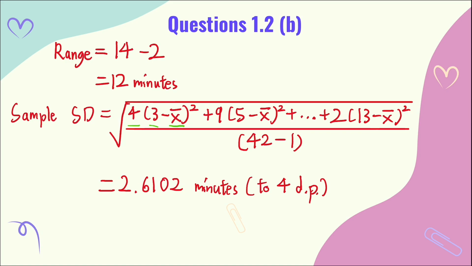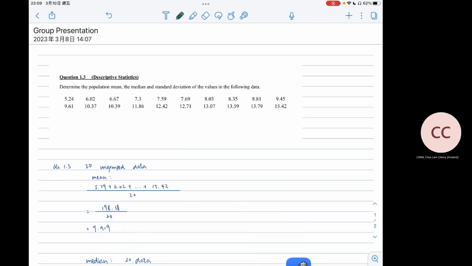And then, as it is sample SD, we should divide by the total frequency of 42 minus 1. So after the calculation, we can find that the sample standard deviation of the data would be 2.6102 minutes, rounded to 4 decimal places.